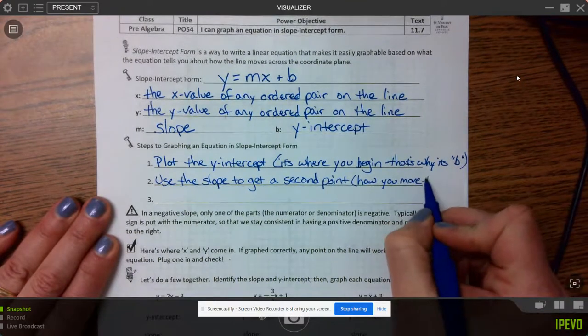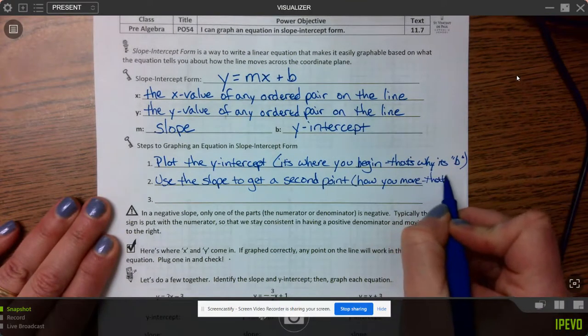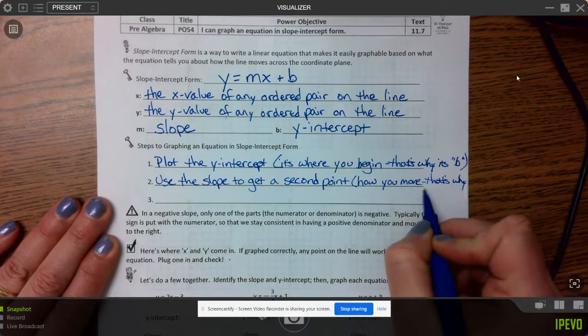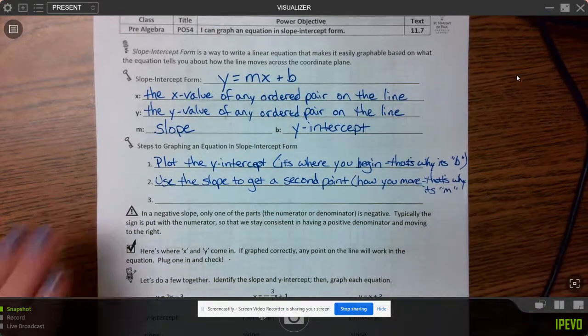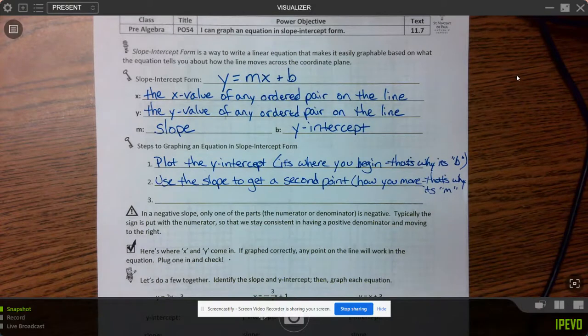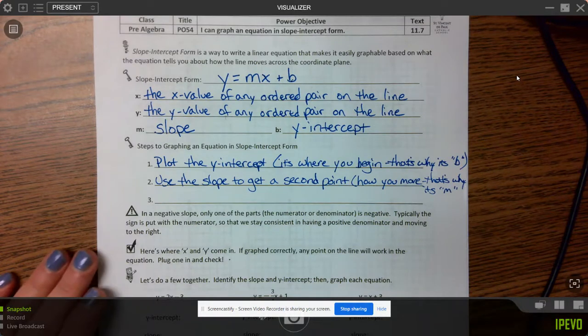That's why it's the M, because the slope tells us how we are moving on that graph, on that coordinate plane. So it tells us our rise over run from point to point.